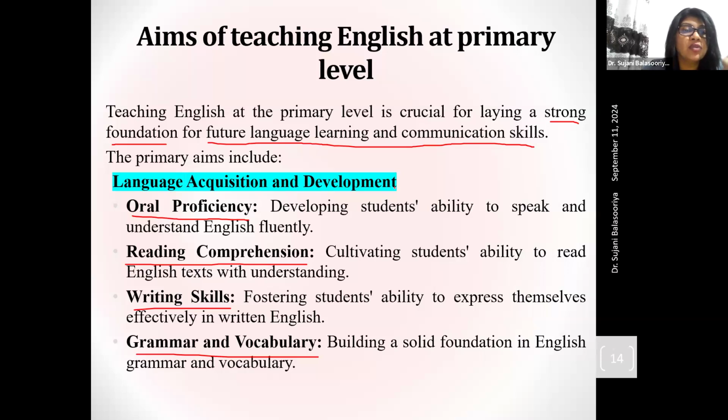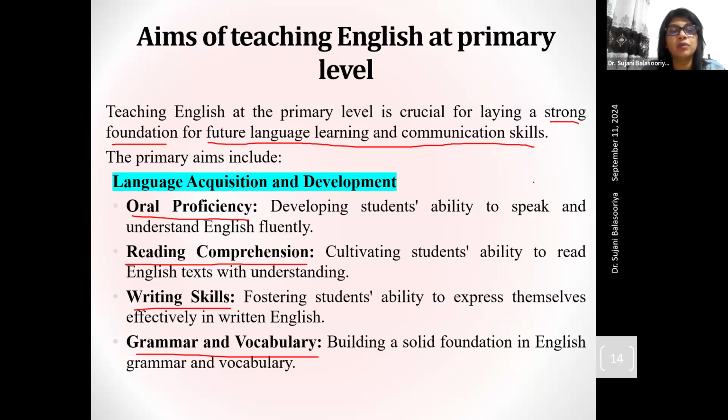Aims in relation to language acquisition and development. You can find oral proficiency. That means we teach English language at the primary level to develop students' ability to speak and understand English fluently, right? Oral proficiency is that.